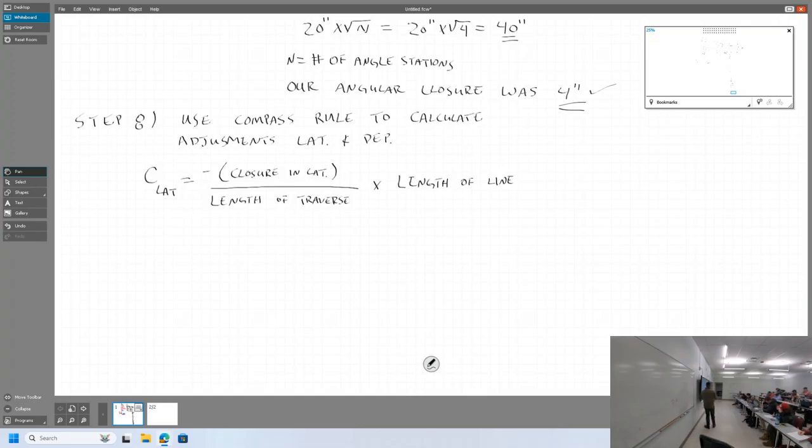If I gave you the closure in departure, it's the same thing: negative closure in departure over the length of traverse, times the length of line.